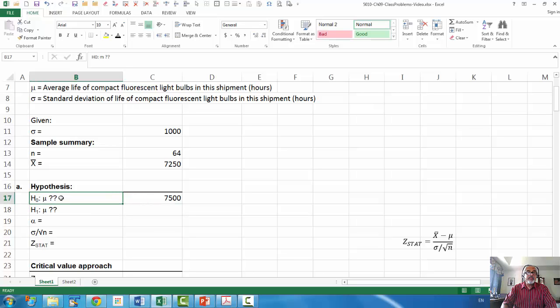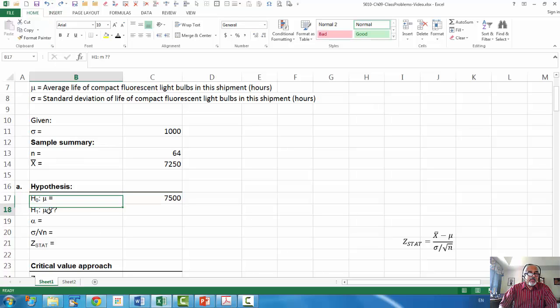Then the question mark should be changed to what type of hypothesis we want to test. So mu equal to 7,500 goes separately. Don't put mu equal to 7,500 like that and leave this cell blank. Then you can't use 7,500 in formulas.